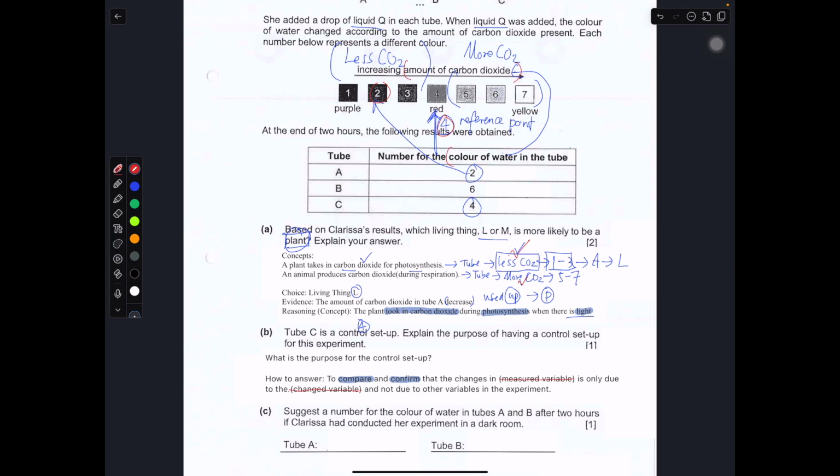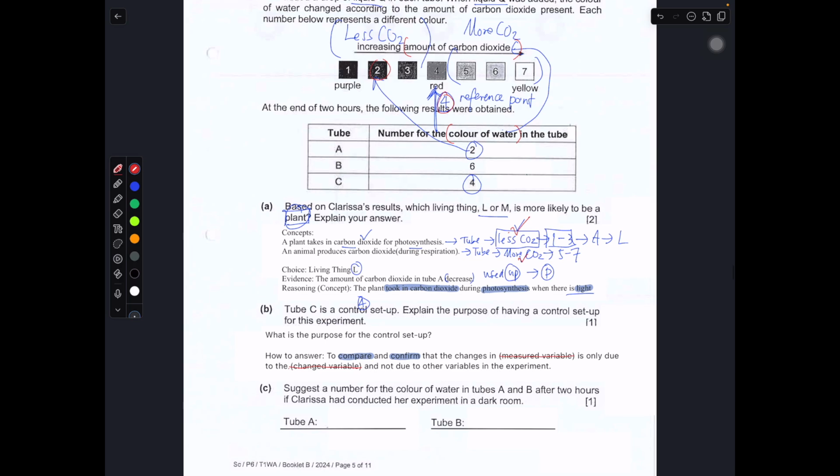It's not the color of water. You are using the color of water to tell the amount of carbon dioxide, so the main measured variable should be the amount of carbon dioxide.